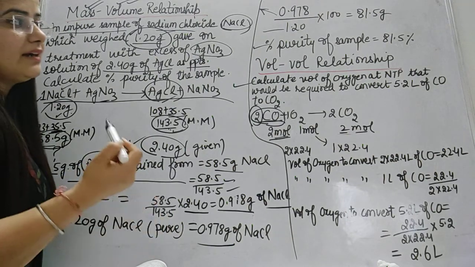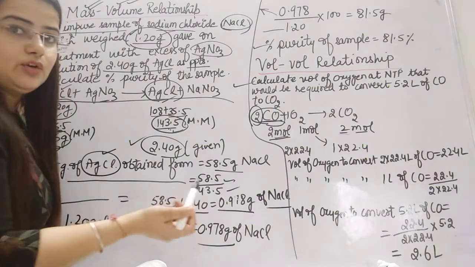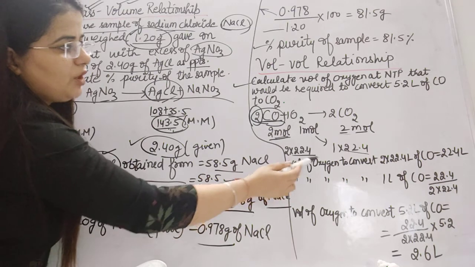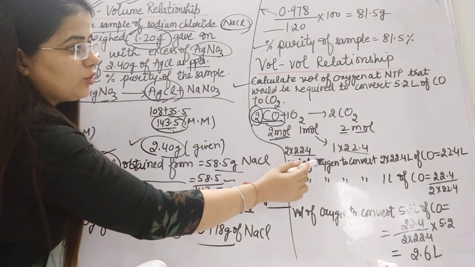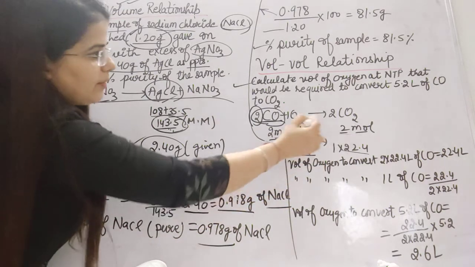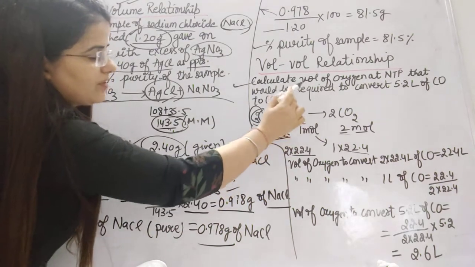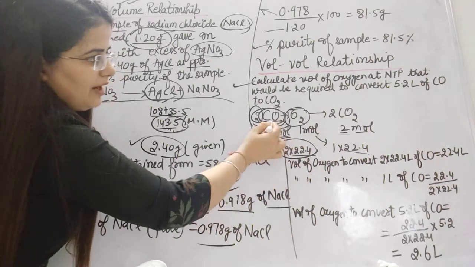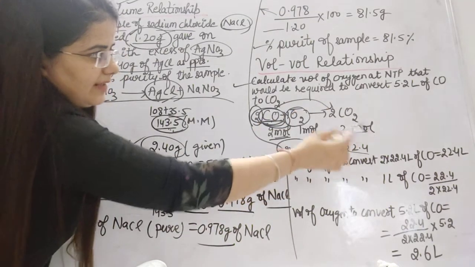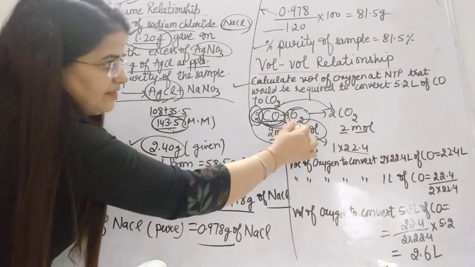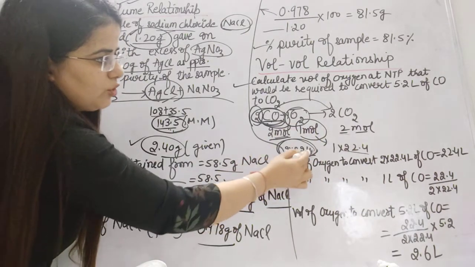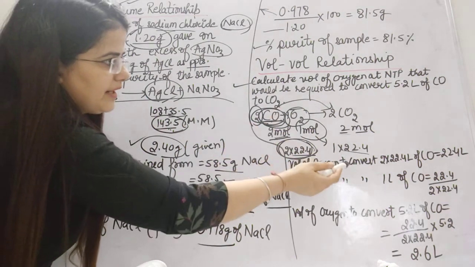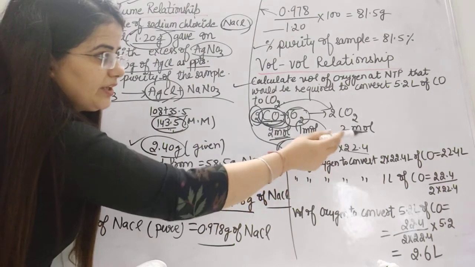So you all know that at standard temperature and pressure the value of volume is 22.4. So you will say the volume of oxygen to convert 2 into 22.4 liter of carbon monoxide is 22.4 liter.